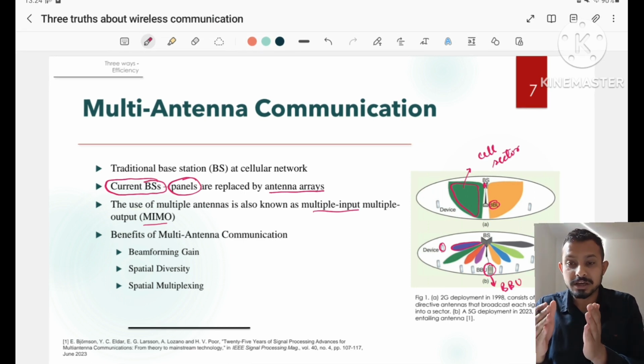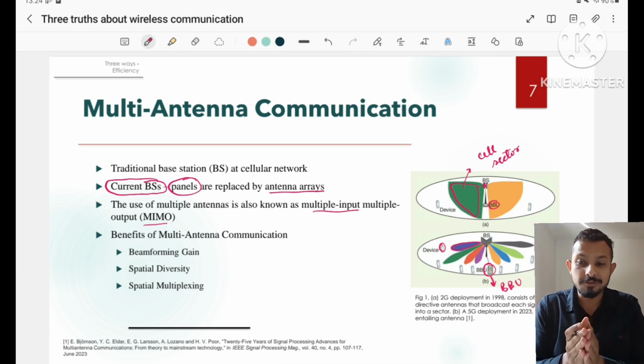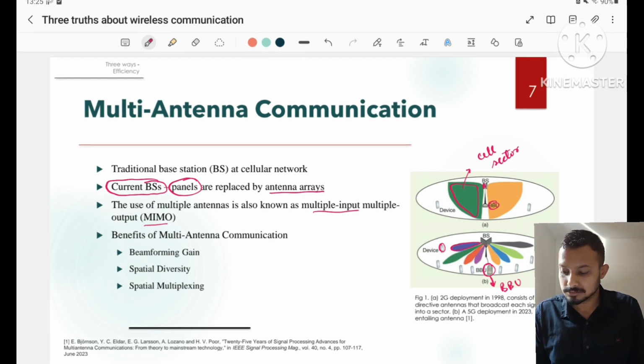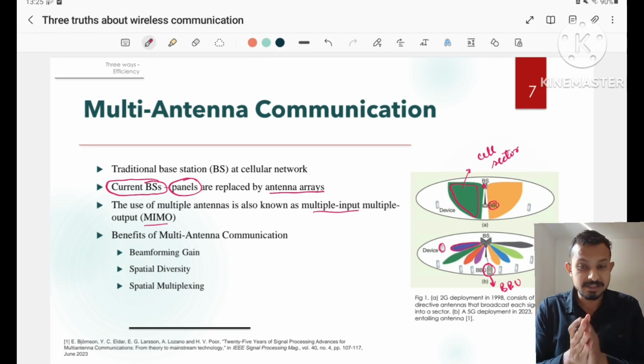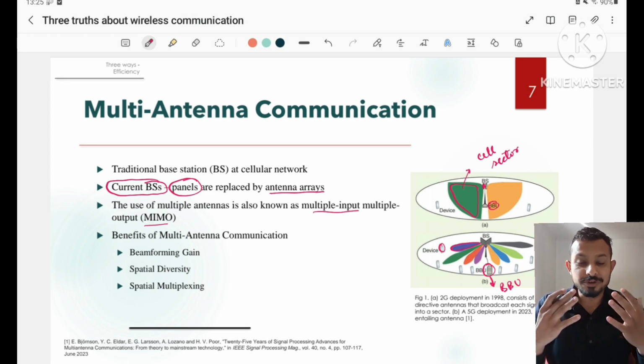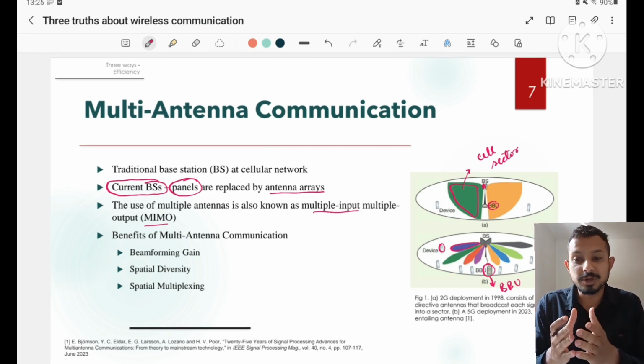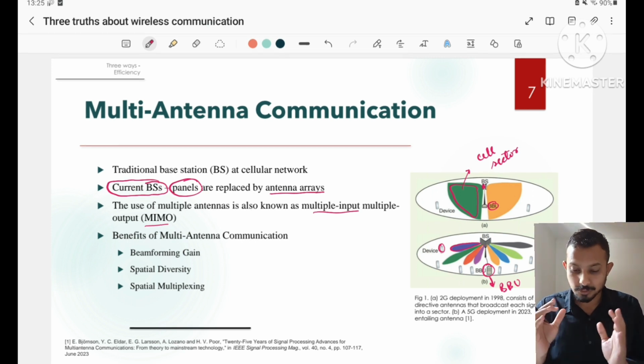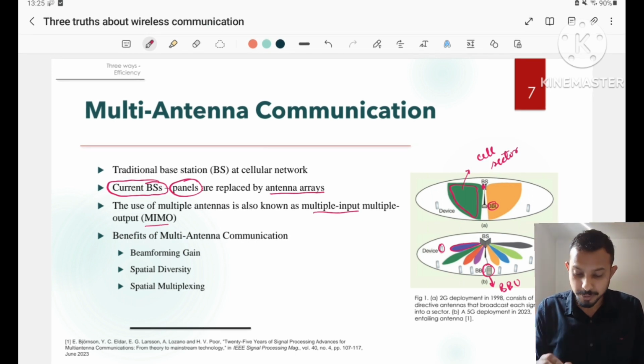How each beam is narrow enough to aim at a particular user can be seen from this figure. So, as a result, it can now alter the physical shape of the produced beam over both time and frequency. So what are the benefits of multiple antenna communication?